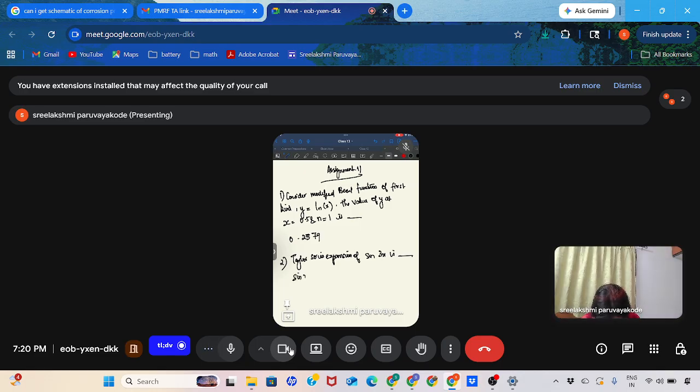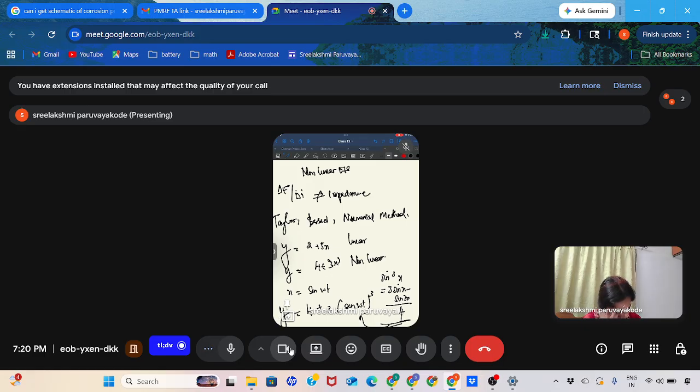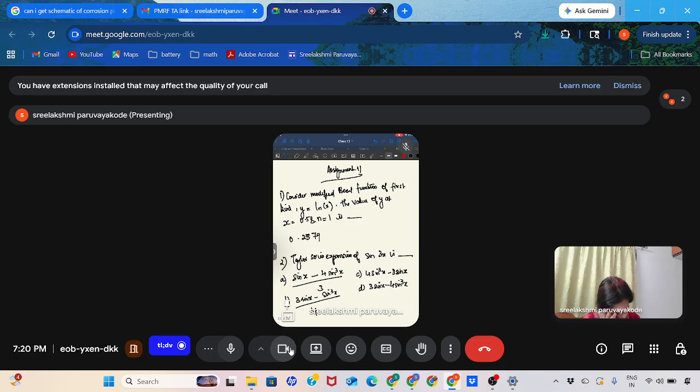The options are... so we already saw that the equation is 3 sine x minus sine 3x by 4. So option B.